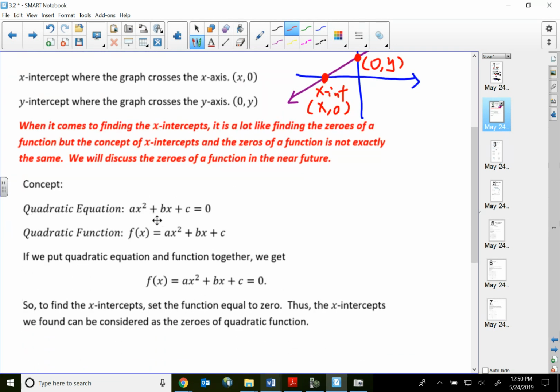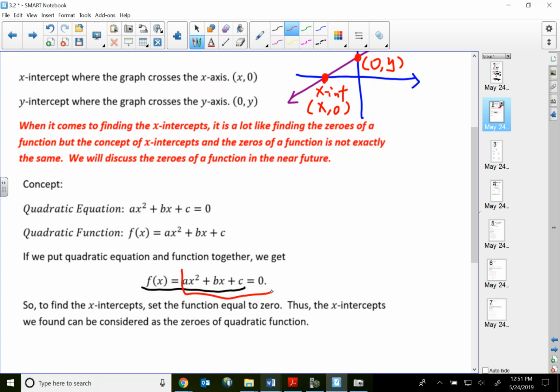If I have a quadratic equation written in this form, remember a quadratic equation is always set equal to 0. A quadratic function is always going to be f of x equal to ax squared plus bx plus c. If I put the two together, it will be f of x equal to my quadratic function, but that equation part can also be equal to 0. This part is the graphing part, or the function part.